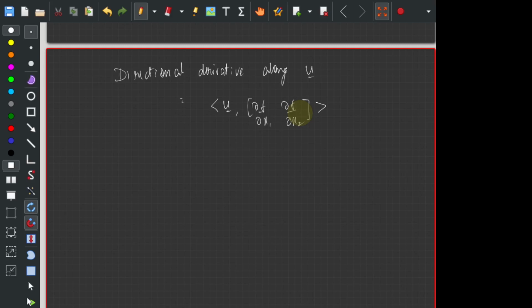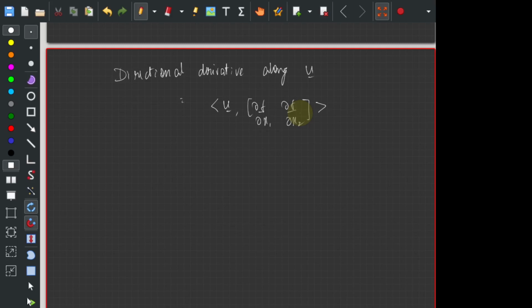But how did you get this? Projection of the tangent along the direction. Sorry, projection of what?